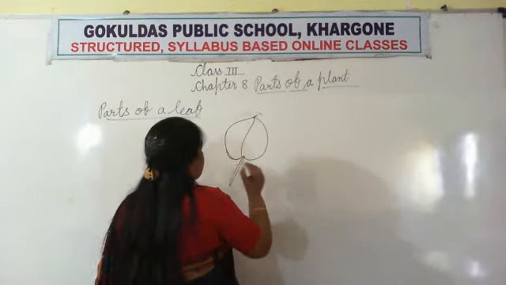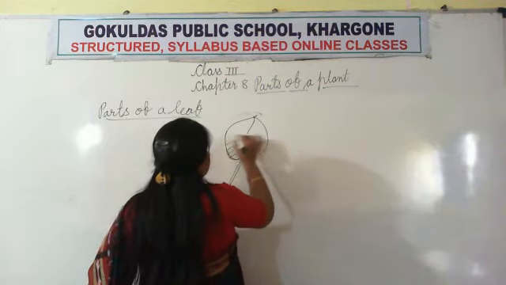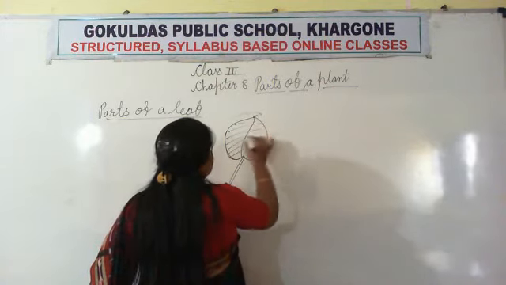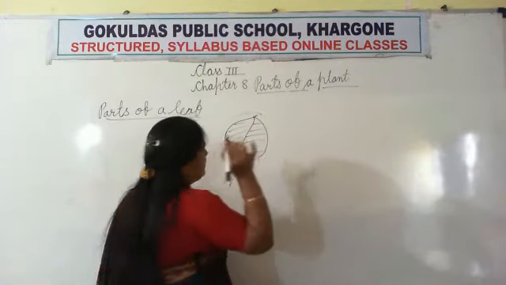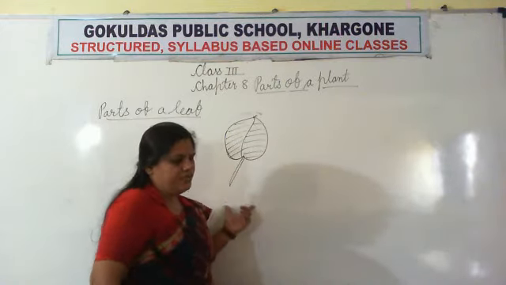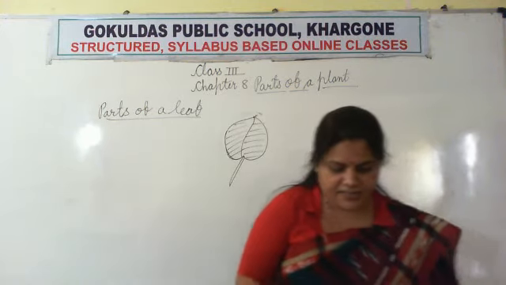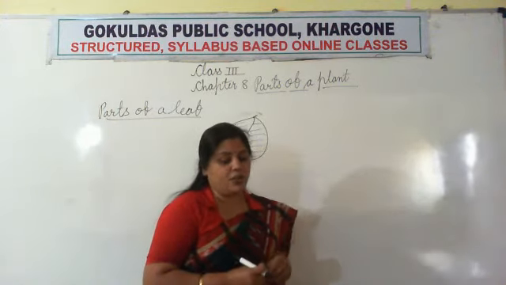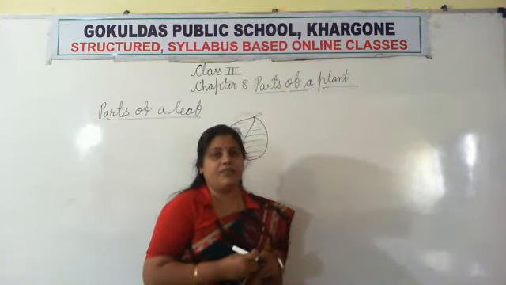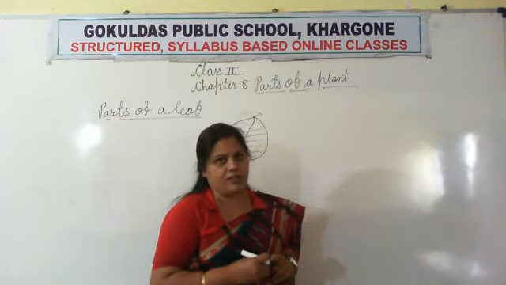Okay, this is the picture of the leaf, right? And the leaf is called the food factory of a plant. This is written in your book.